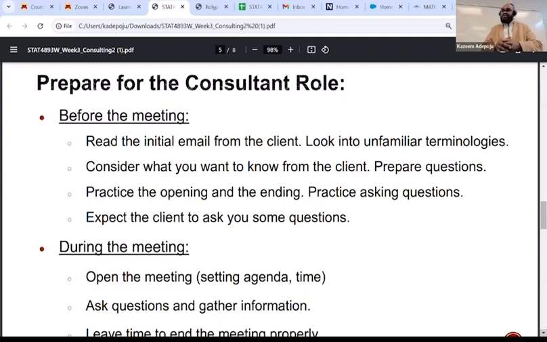You're going to receive an email. So look into unfamiliar terminologies. There's a possibility that maybe the person is conducting research in a medical line, and there's a lot of medical jargon that you don't understand. So you have to look into unfamiliar terminologies.